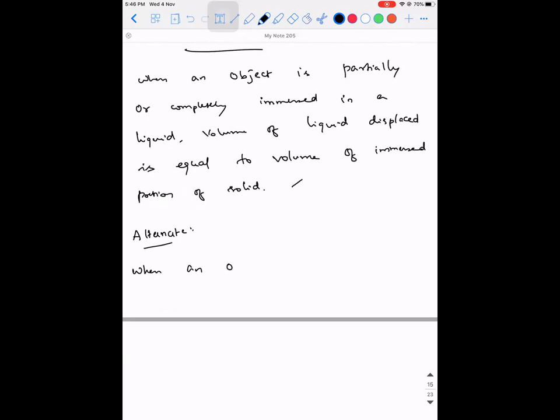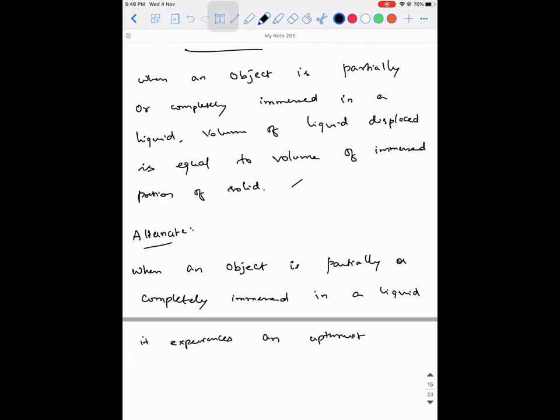When an object is partially or completely immersed in a liquid, then what will happen? It experiences an upthrust, which is nothing but buoyant force, right?